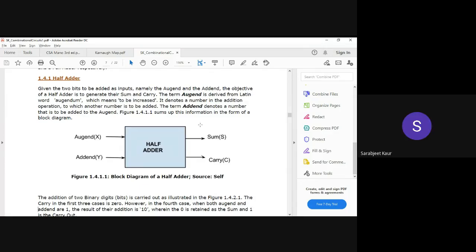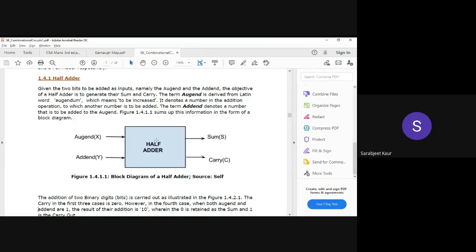So here you can see this is the first step as we had discussed. The first step we will do is draw the block diagram. So I have just drawn the block diagram here. What have we done? We have looked at what this particular circuit, which we will call the half adder, is required to achieve.